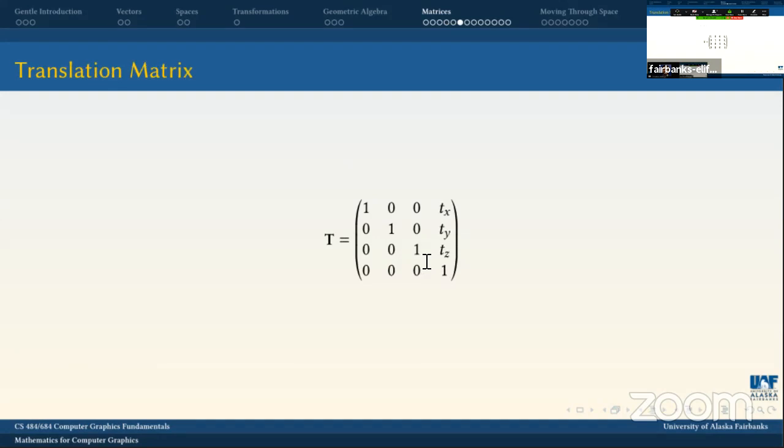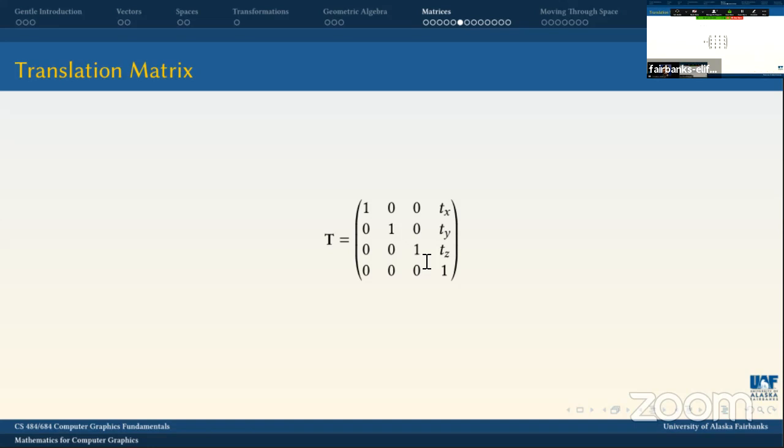Okay, all right, so we have a few different kinds of matrices that are very useful. The first one is the translation matrix. In this matrix, we want to offset a point by a certain number of units in the X, Y, or Z direction.